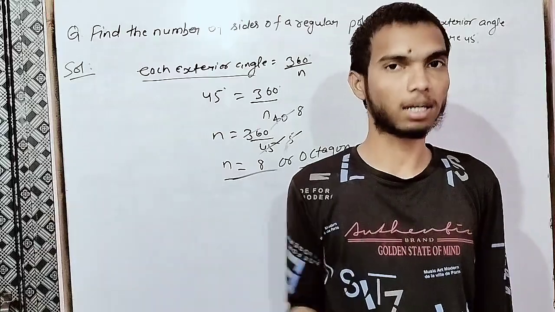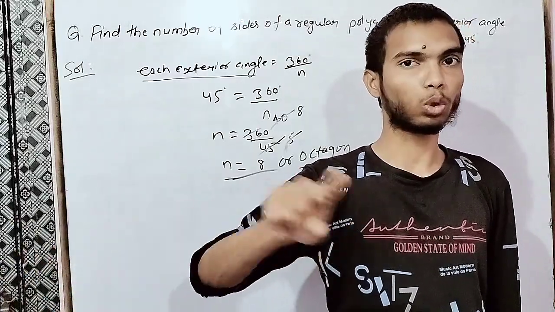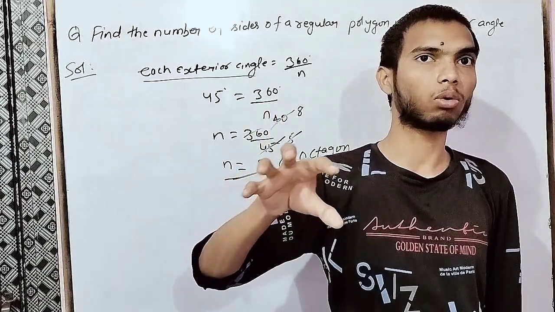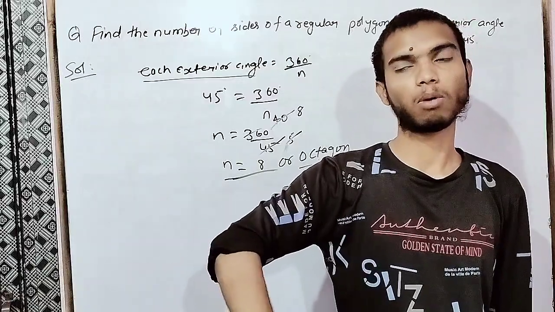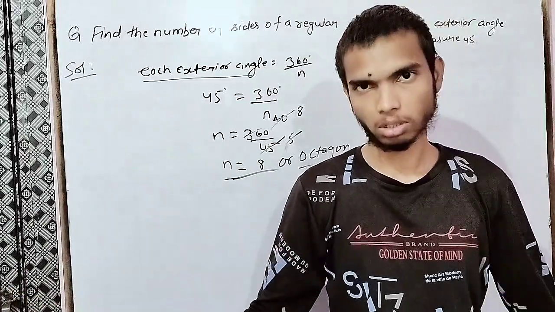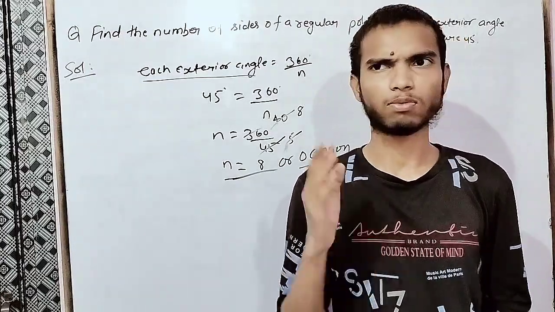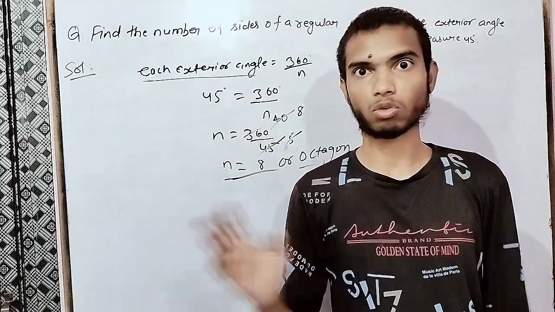So the polygon is a quadrilateral, and that's why the total of all interior angles is 360. There is no doubt. Quadrilateral has 4 angles, 4 vertices, and 4 sides.